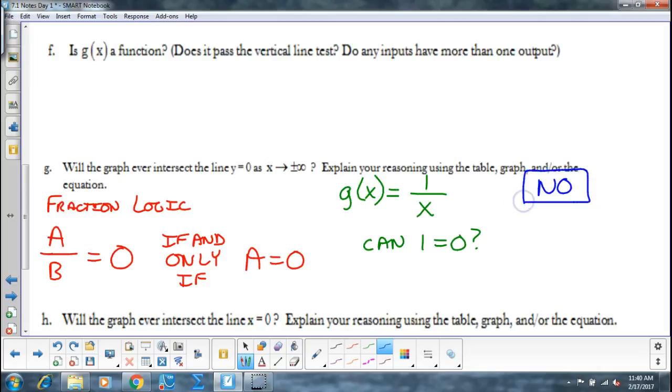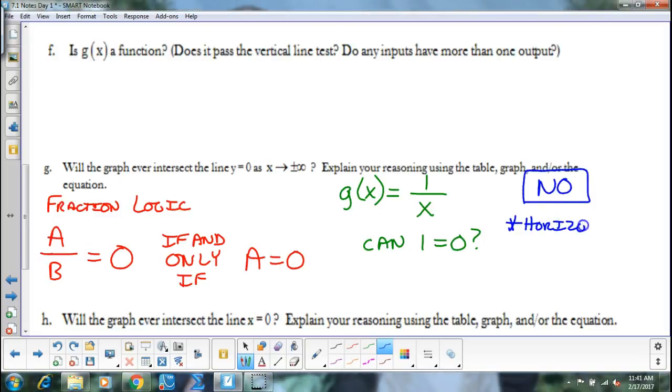And what we get then is something called a horizontal asymptote. Okay? Write this down.